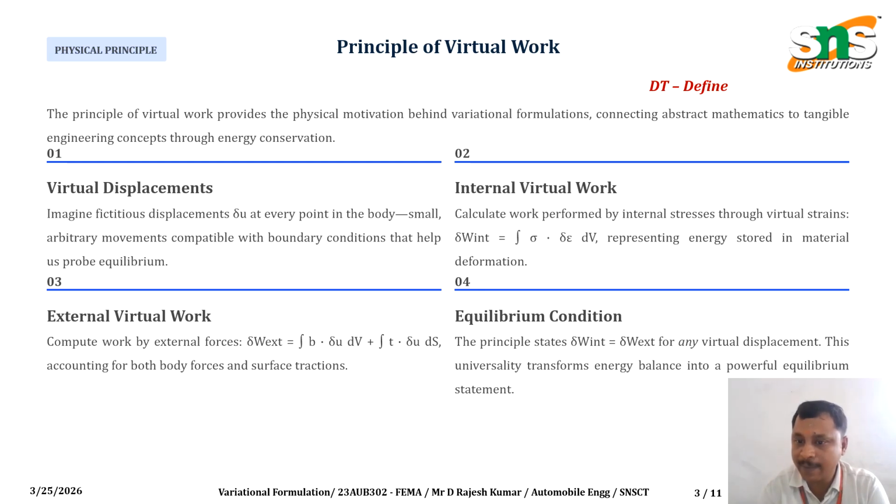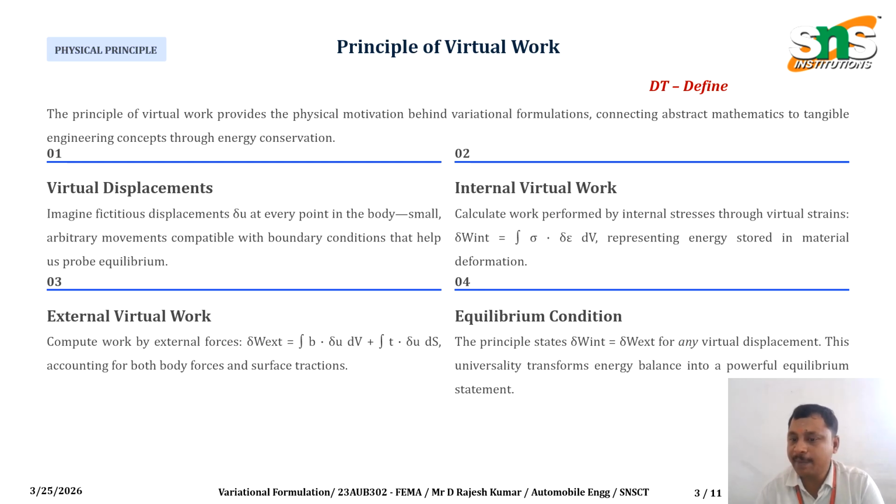Next is step number 3, the external virtual work. At the same time, the external forces acting on the structure also do work when we apply our virtual displacements. We compute this external virtual work as the integral of B into delta U into dV plus the integral of T into delta U into dS.